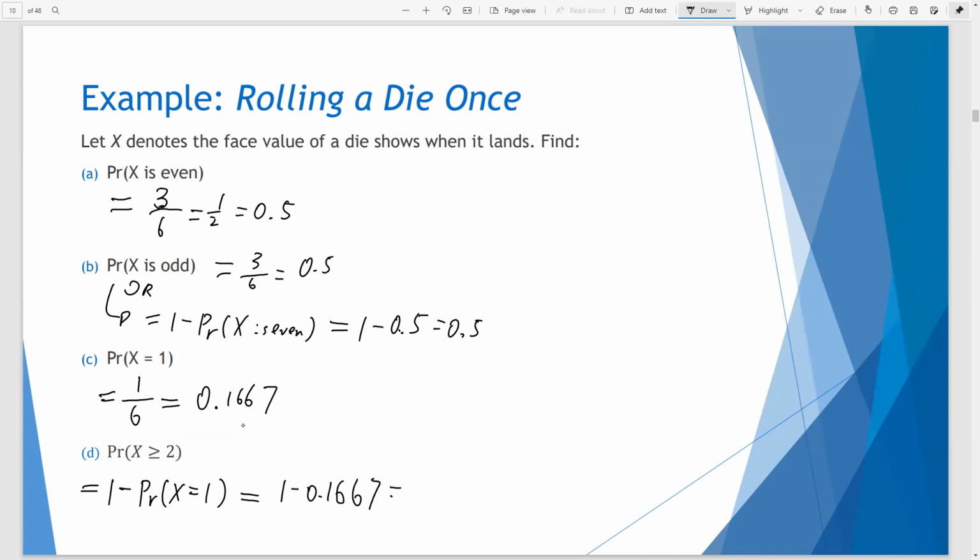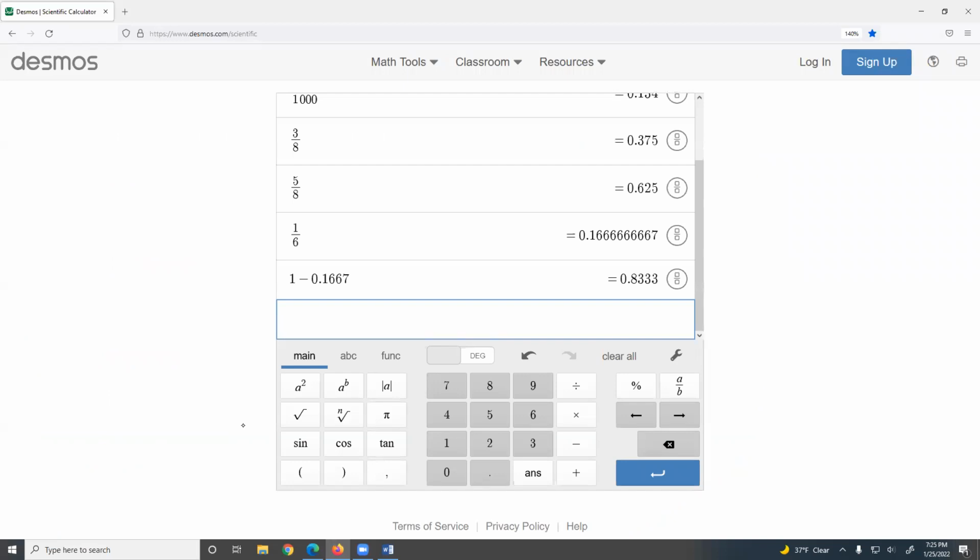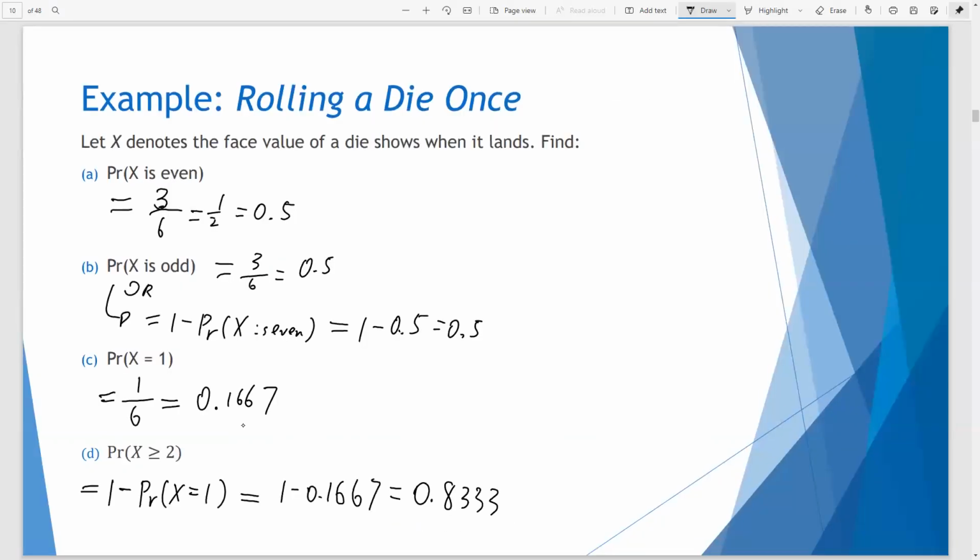Okay, that is 1 minus 0.1667, that's 0.8333, to get the probability when rolling one die.